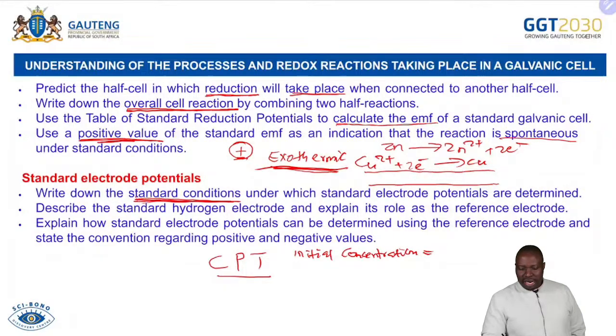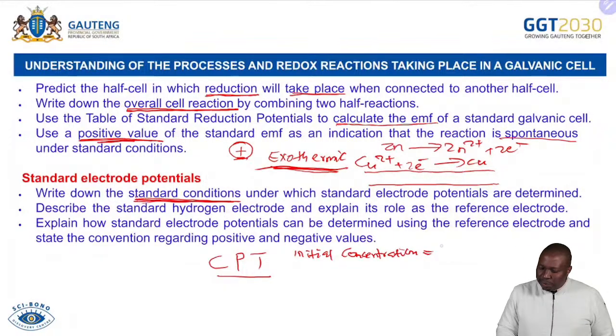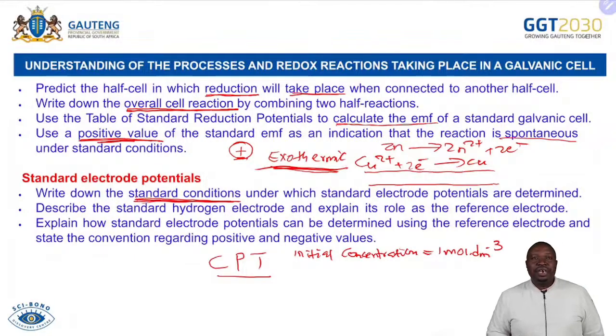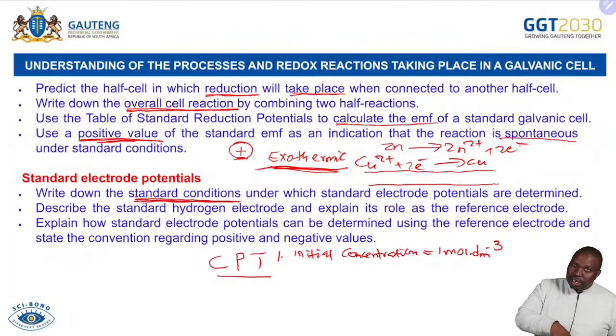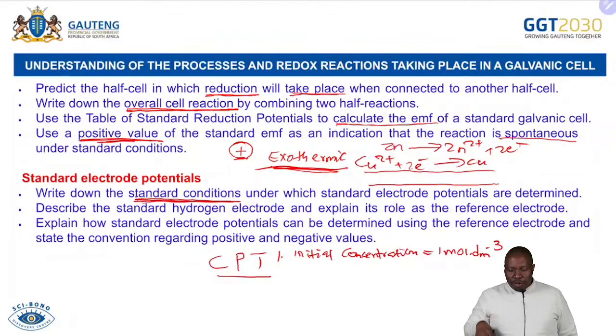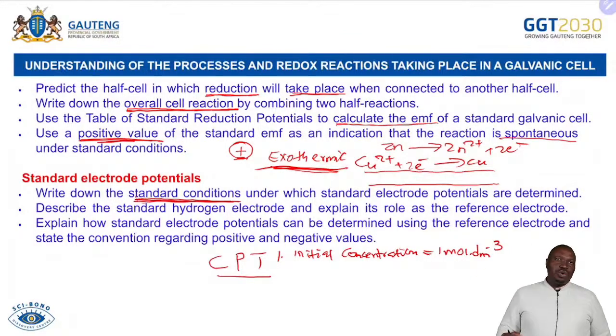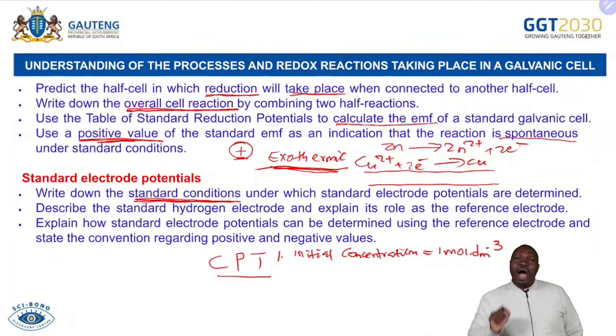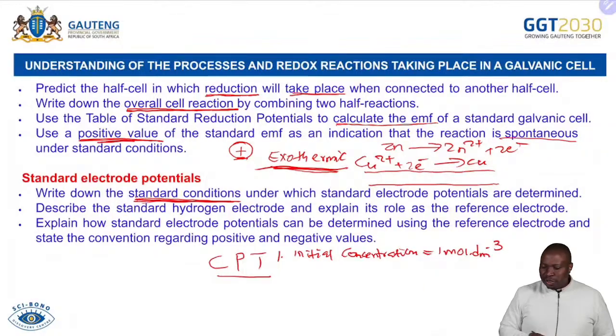Initial concentration under standard conditions must be 1 mole per cubic decimeter. You will understand as we go on with the lesson why the initial concentration is 1 mole per cubic decimeter, and why the concentration changes as the reaction proceeds. So that is the first condition.